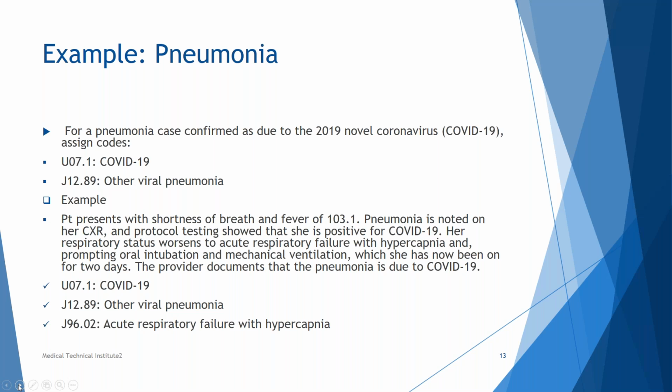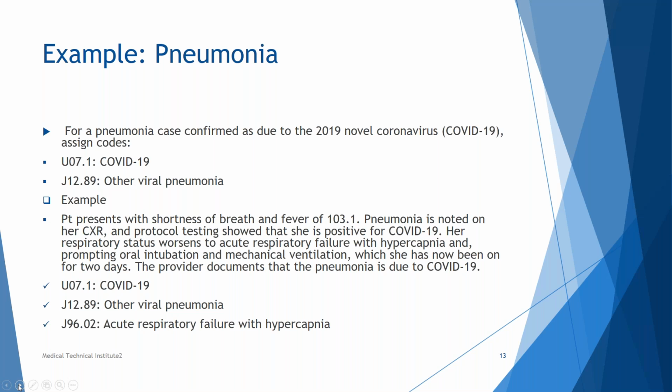An example of this would be patient presents with shortness of breath and fever of 103.1. Pneumonia is noted on her chest x-ray, and protocol testing showed that she is positive for COVID-19. Her respiratory status worsens to acute respiratory failure with hypercapnia, prompting oral intubation and mechanical ventilation, which she has now been on for 2 days.